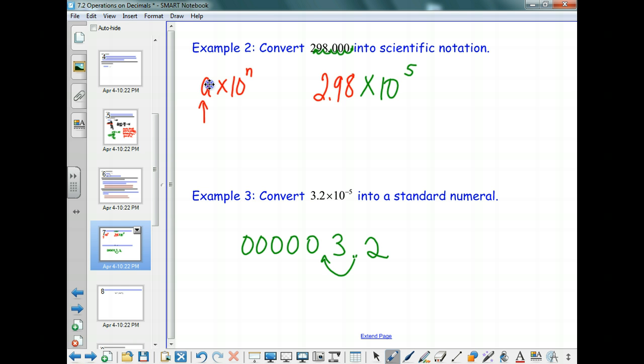I've only moved it 1 place. How many places am I supposed to move it? 5. So that was 1, 2, 3, 4, and 5. You're going to put a 0 in front of the decimal point, and then 4 zeros, and then 3, 2. That would be the standard numeral related to this.